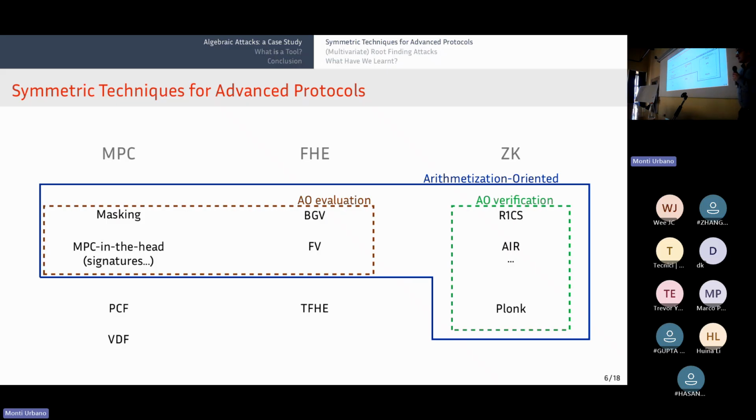But you also have the case of verification. That's going to be pretty important later because I'm going to focus on this one. In the case of verification, you know both x and y. So you don't need to evaluate an arithmetic circuit given x to obtain y. You already know x and y, and you want to check that a specific relationship between them holds.